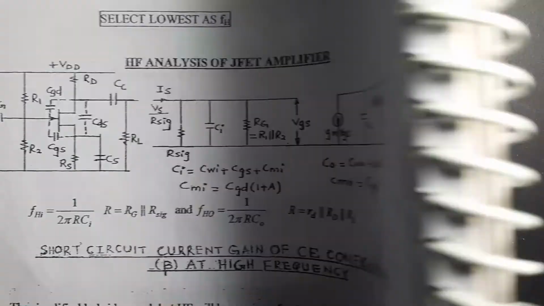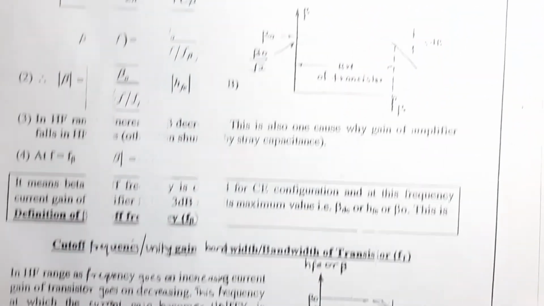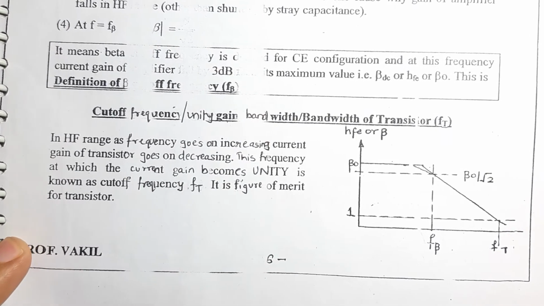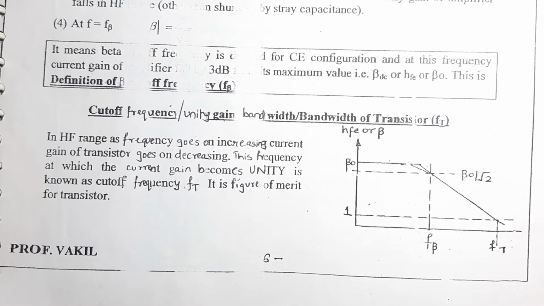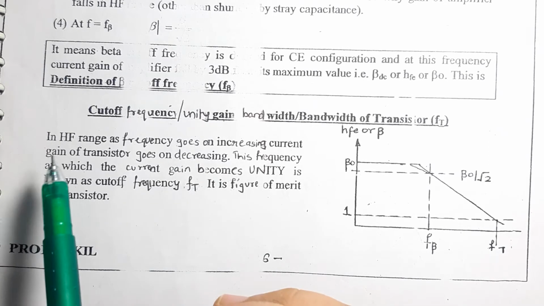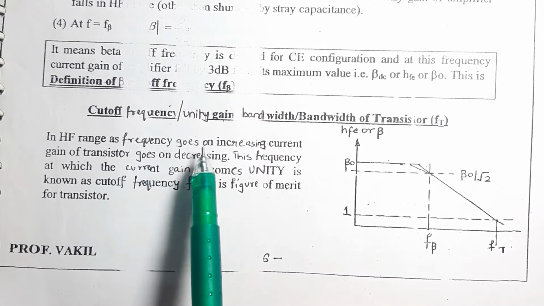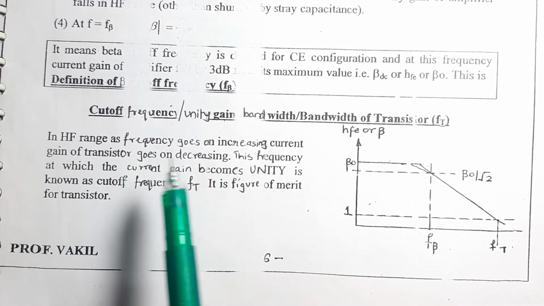The next topic that we are going to proceed with is the cutoff frequency, or the unity gain bandwidth of the transistor. Now in your HF range, as your frequency goes on increasing, the current gain of the transistor goes on decreasing.